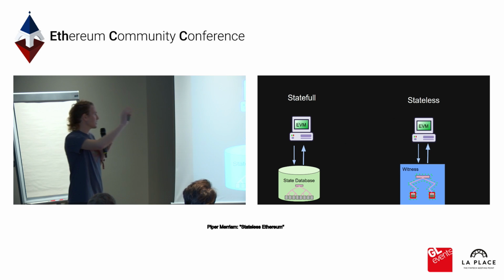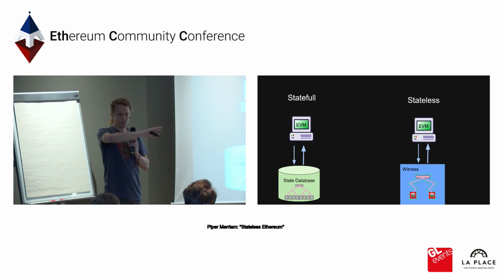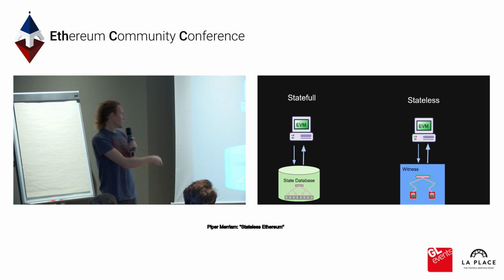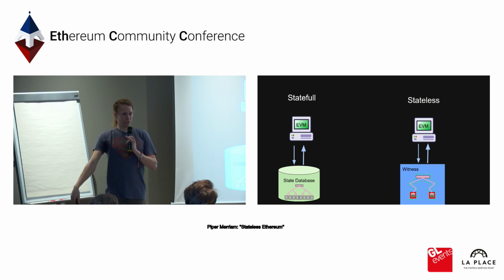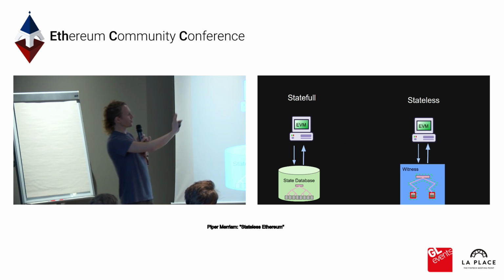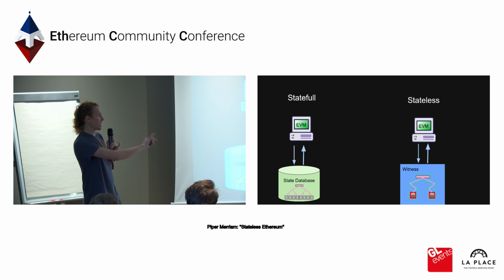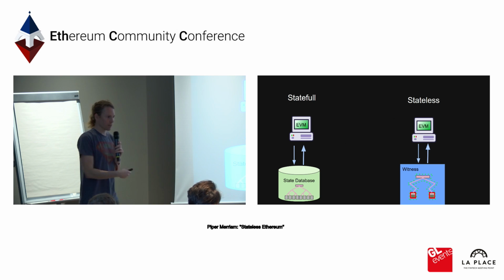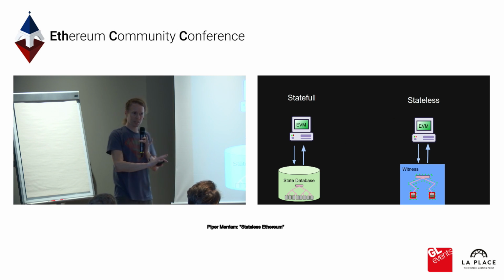So when we talk about stateful clients and stateless clients, we'll treat this sort of as a binary choice right now. Stateful clients have a state database that has the entire state tree, all of the data in it. And stateless clients really just use this concept of a witness, a minimal subset. So they use the witness as their database. We'll talk a little bit about where the witness comes from and how they get it, but for now, it's not super important.